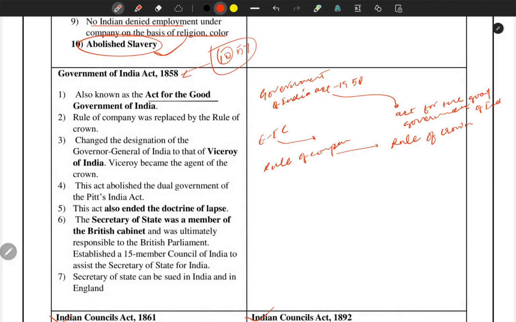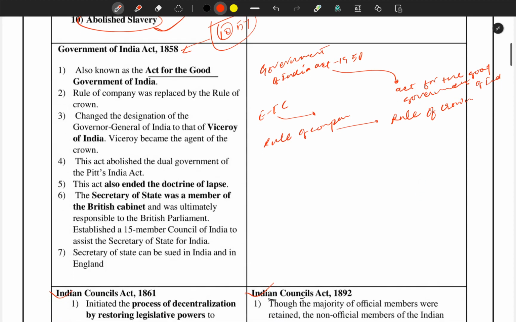So the British government realized that they had to take some steps so that this kind of situation should not be allowed again in the Indian dominion. This is also a very good point.